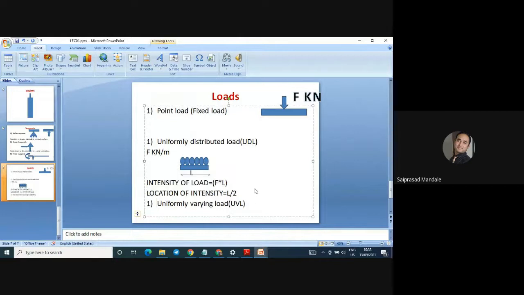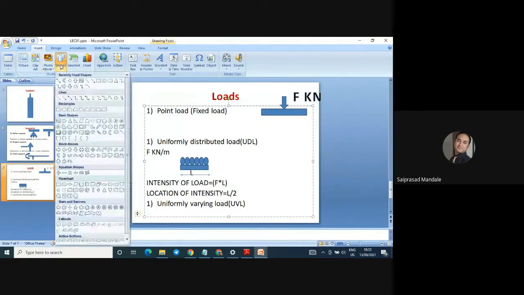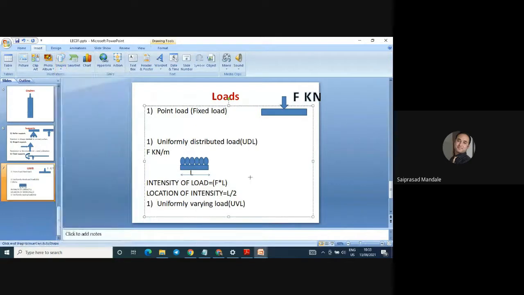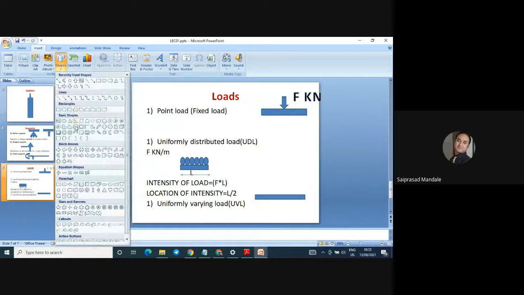Third case: if there is a uniformly varying load. Let me draw the uniformly varying load.